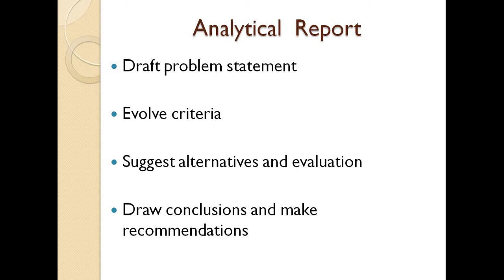When you suggest any kind of alternative, you should be able to tell us also what are the advantages and disadvantages of that alternative, or maybe you can do a cost benefit analysis of those alternatives, because then it is easy to come to a conclusion. It is easier to make a conclusion and then the recommendations.